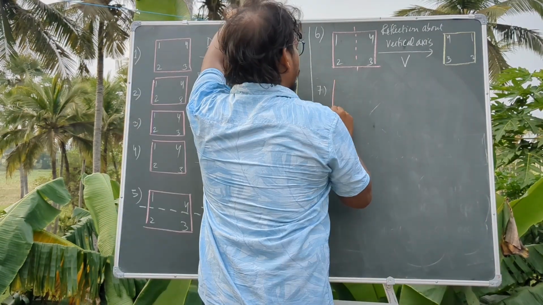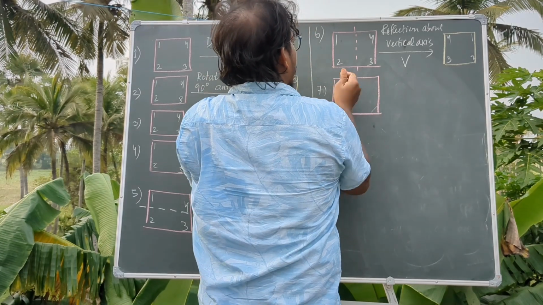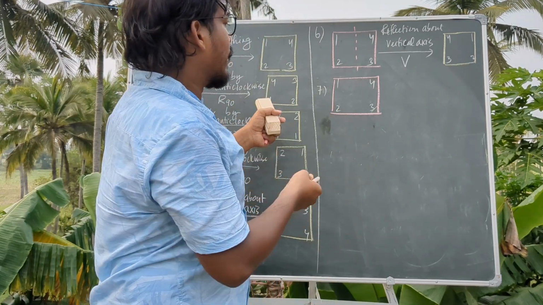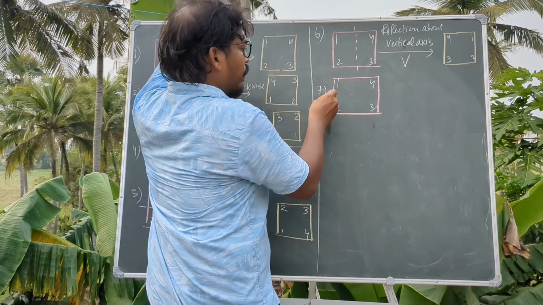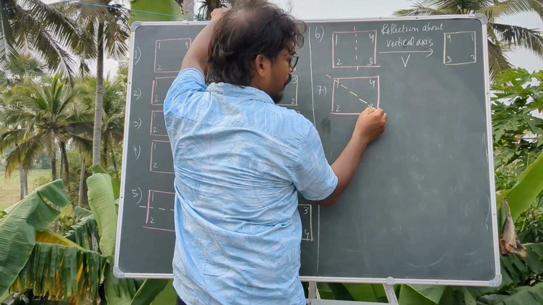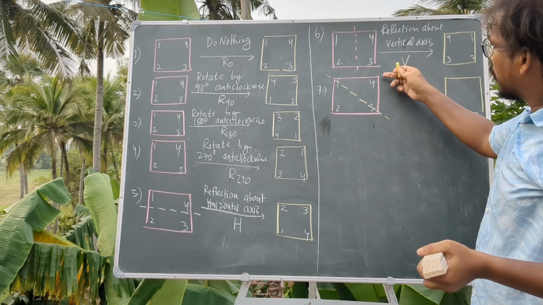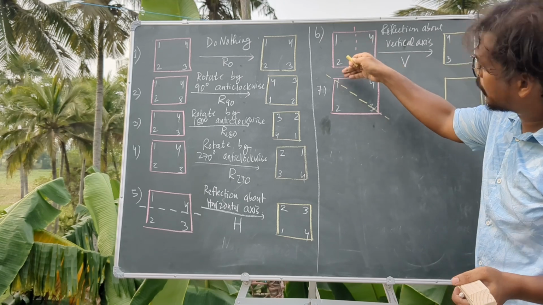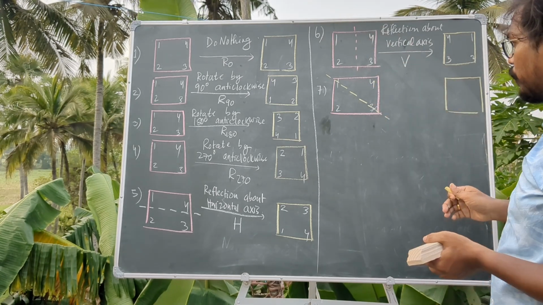And 7 we have our original square, 1, 2, 3, 4. Also we can flip the square diagonally. This is our main diagonal. We will get our square back, and this corner will go to this one, and 1 is at the same position, and corner 3 is at the same position.